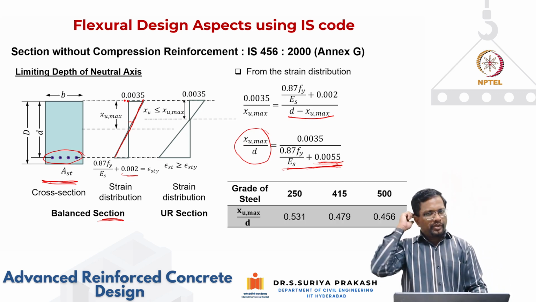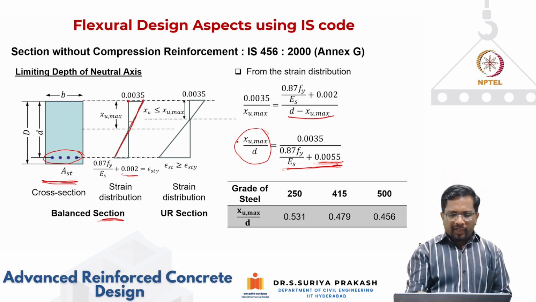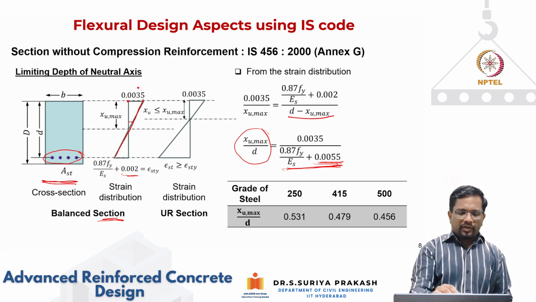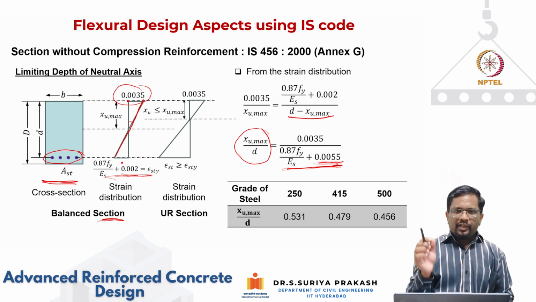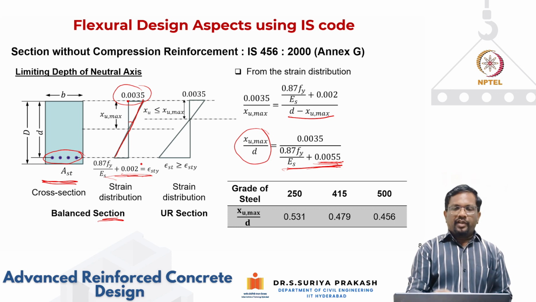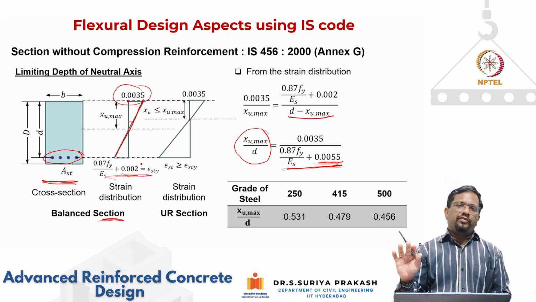Now this is your Xu max by d, the maximum neutral axis depth that the section is allowed to have, so that when concrete reaches a strain of 0.0035, at least the steel should reach its minimum yield strain specified by the code. If it is not yielding, that amount of reinforcement is not allowed as per the code.